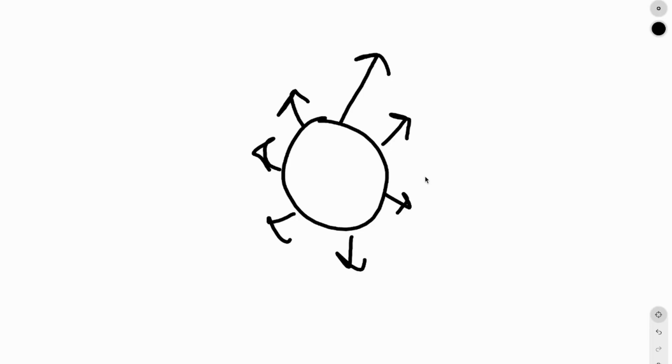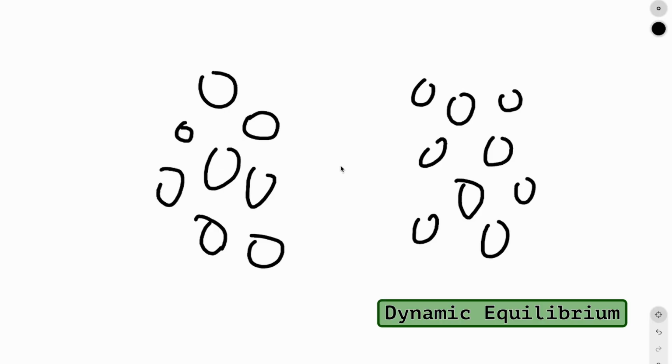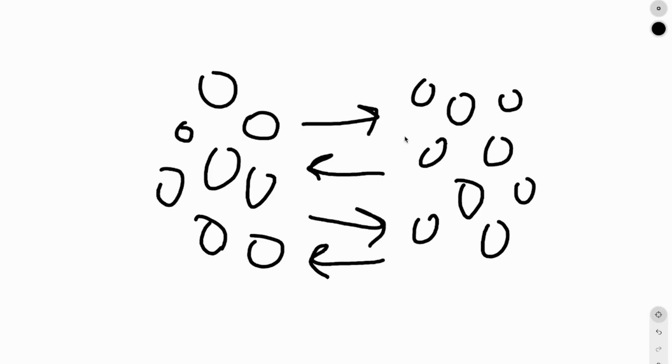The general direction most molecules are going in a space is called net movement. Dynamic equilibrium is when the net movement is zero, meaning molecules are still moving throughout the space, but they are moving in all directions equally.